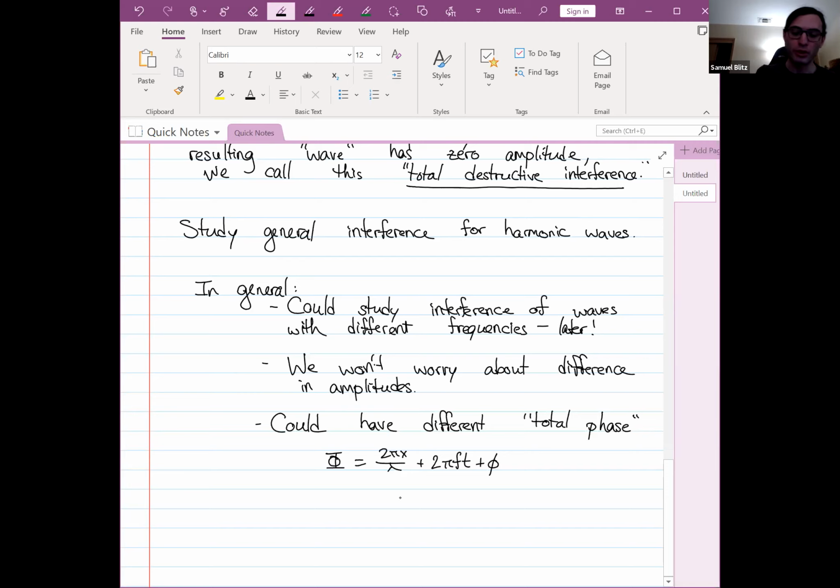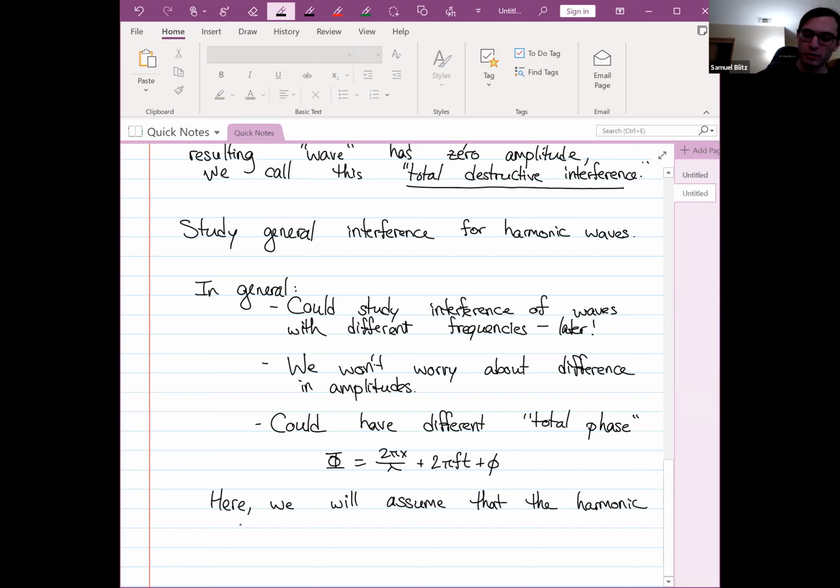So we're going to assume that the waves are out of phase. The two harmonic waves that we're going to try to add together, and all that means is that phi 1, which is the total phase of wave 1, does not equal phi 2, the total phase of wave 2.